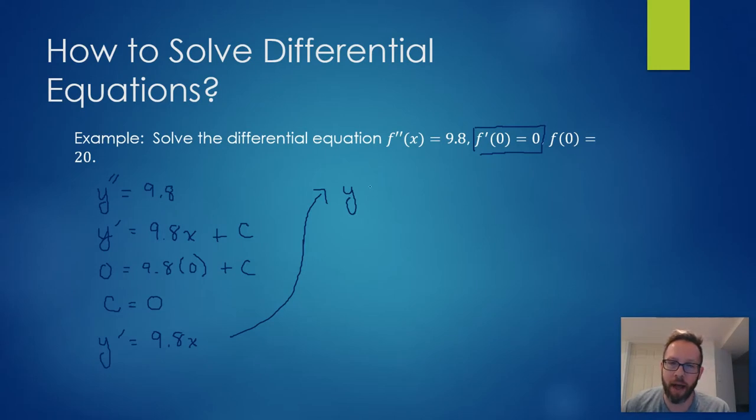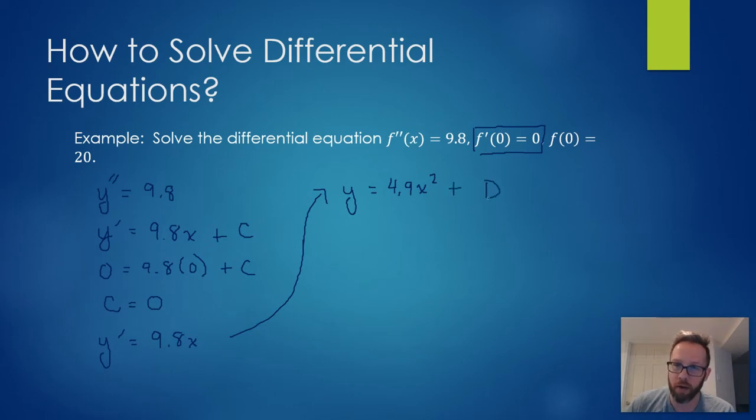Well, I know I'm going to have an x squared. And then thinking of what can give me a constant of 9.8, well, I'm going to be bringing down the 2. So 2 times that number has to be 9.8. So that would be 4.9. So 4.9 x squared. And that's it.